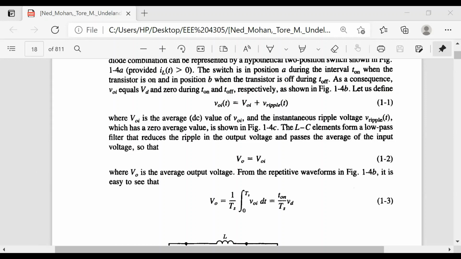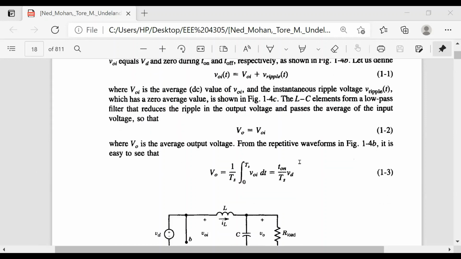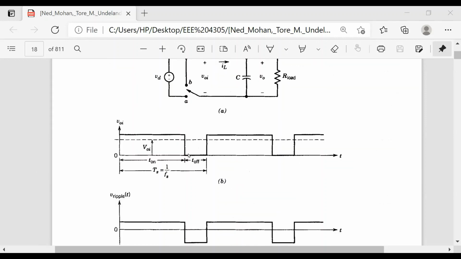I will show you where. Yeah. So this is your V0I. V0I has, look here, from here to here, this is your fully DC. And if you add the ripple, then it will be like this.